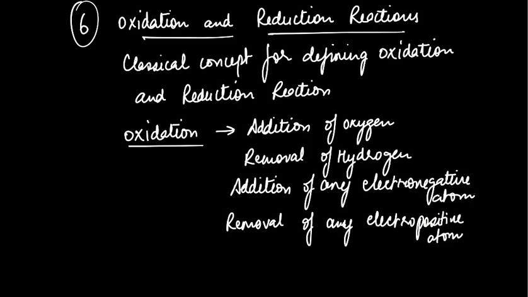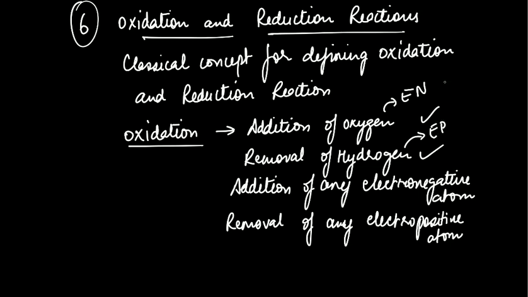Sometimes they are confusing. Oxidation is addition of oxygen, that we can figure it out. Removal of hydrogen, because it's addition of oxygen, so it has to be opposite. It's classical, so it's always going to be oxygen and hydrogen. So we consider this oxygen as electronegative and hydrogen as electropositive.